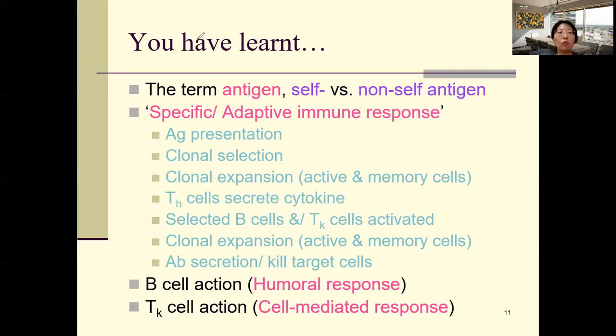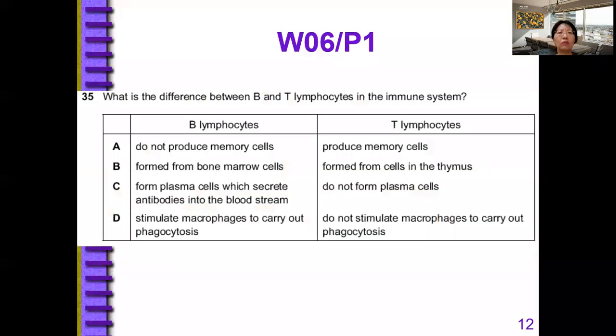Now we're going to do some practice questions first, and then we see the video. Question 35. What is the difference between B and T lymphocytes in the immune system? I open to the floor. You type your answers once you get your answers.